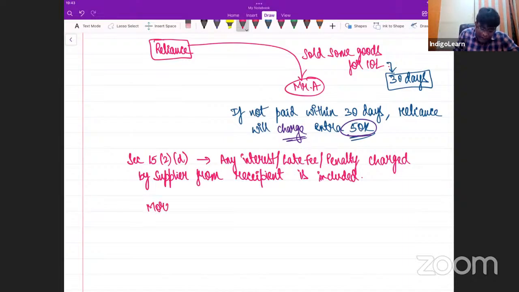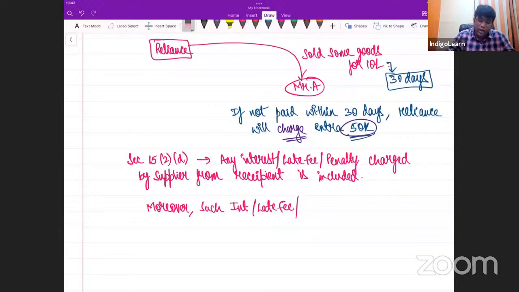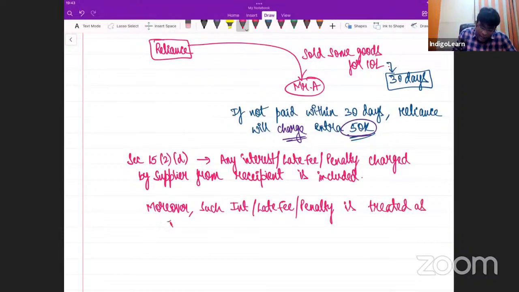And moreover, I repeat, guys, such interest or late fee or penalty is treated as inclusive of GST.